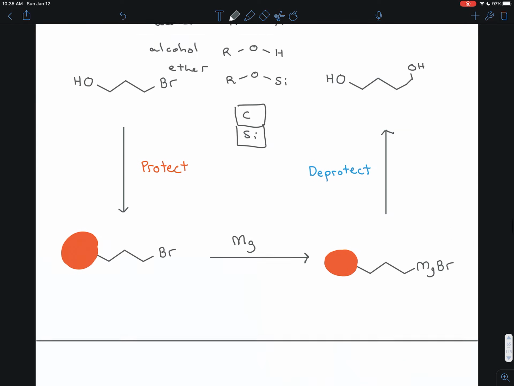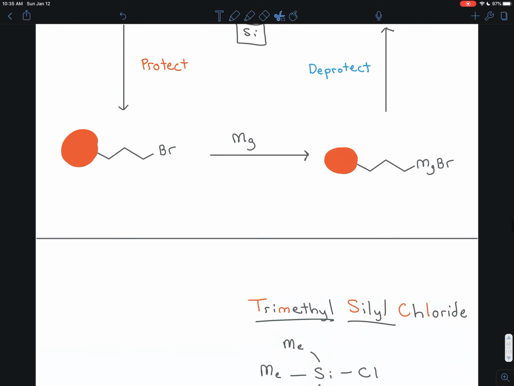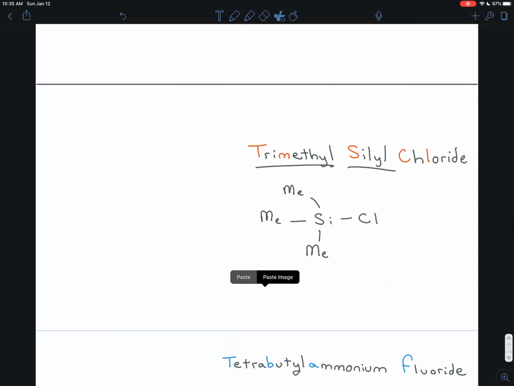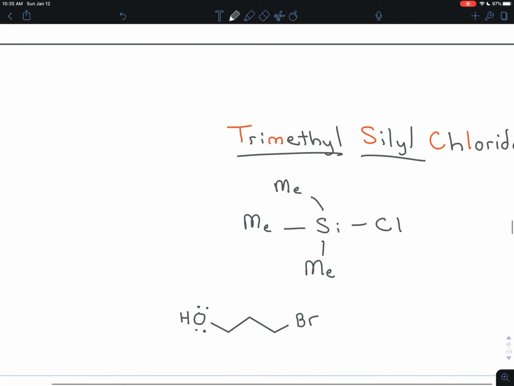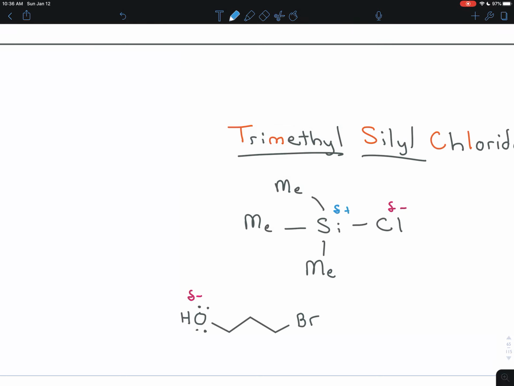Now what you can do is you can take your alcohol that you're interested in, and that slightly negative oxygen can act as a nucleophile. Chlorine is also very electronegative, so it's pulling electron density away from the silicon, which is slightly positive. And you can actually do an SN2 reaction here. So this oxygen will attack the silicon and kick the chlorine off.